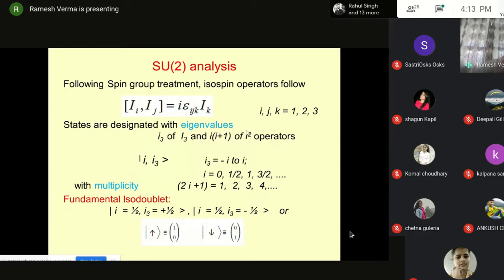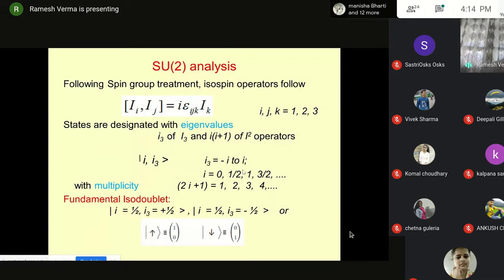I squared is an example of a Casimir operator. It has eigenvalues I(I+1), and I3 has eigenvalue small i. So this small i3 and I, these are used to designate the state. I is going from 0, 1/2, 1, 3/2, whereas I3 has to go from minus I to I, with of course successive difference of 1.